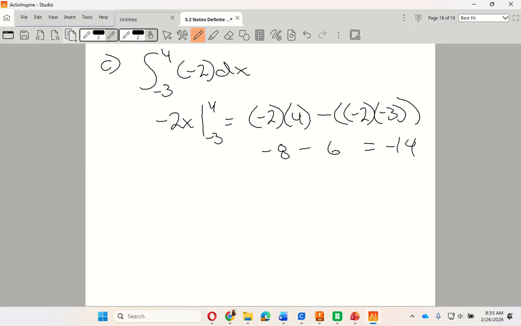All right, next one. So this is going to be example 6, and it is from 0 to 3.